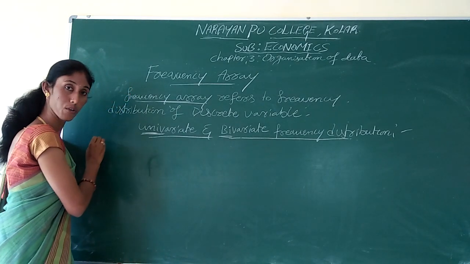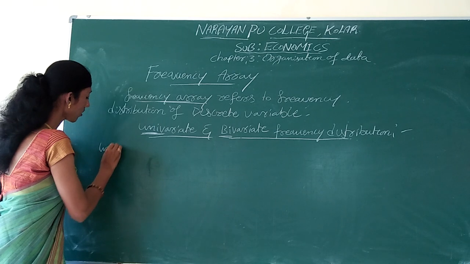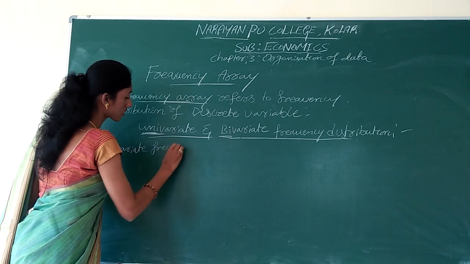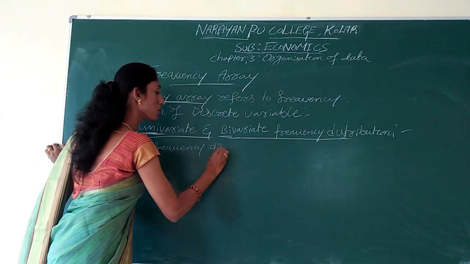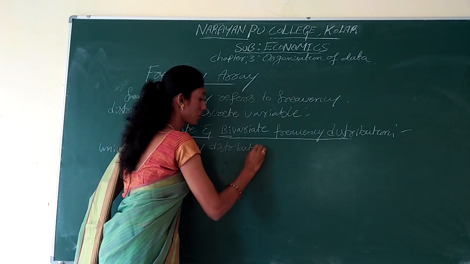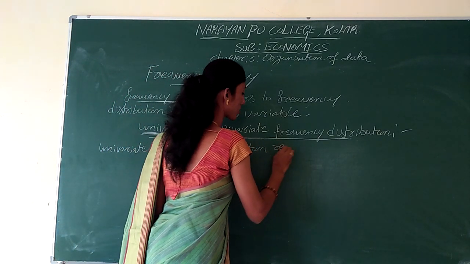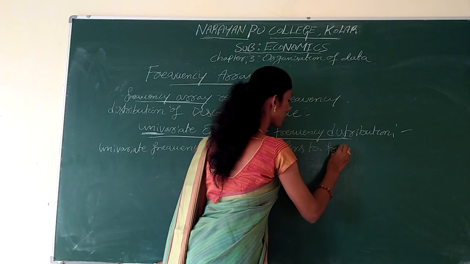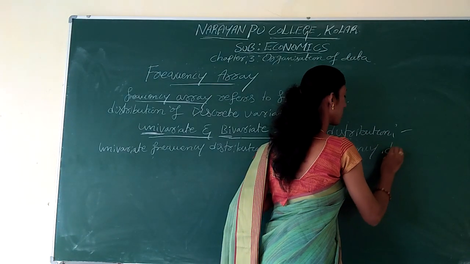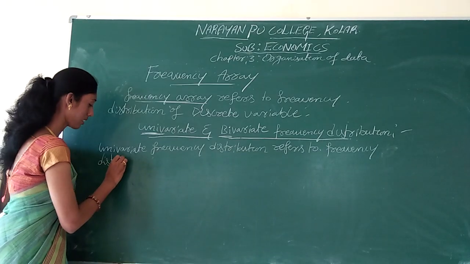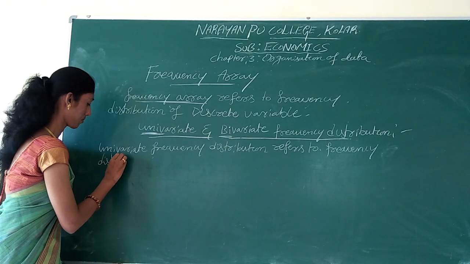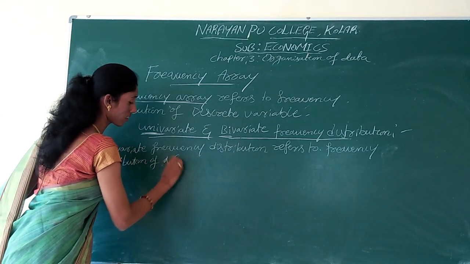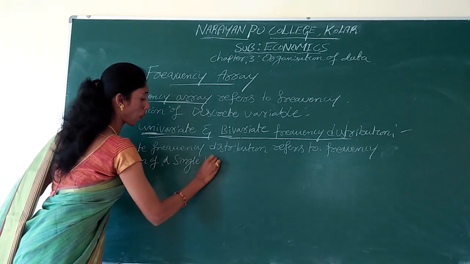Try to take the meaning of univariate frequency distribution. Univariate frequency distribution refers to the frequency distribution of a single variable.